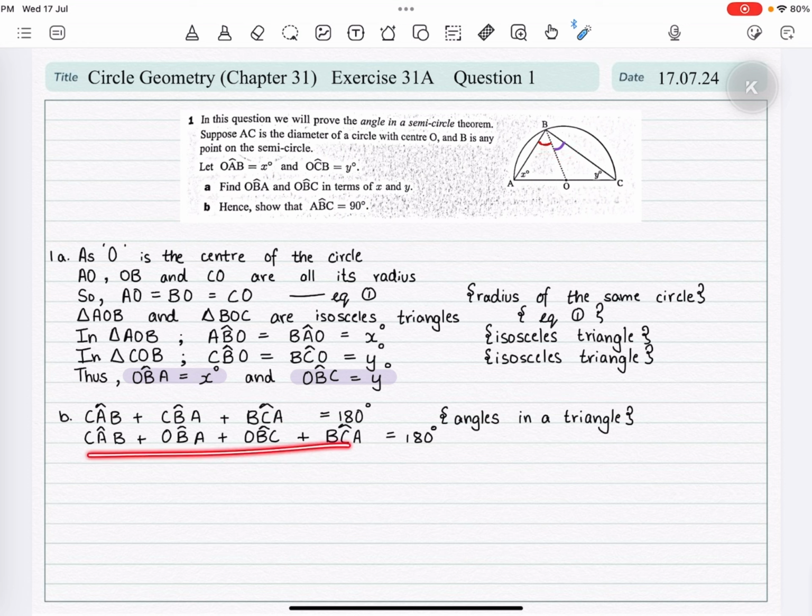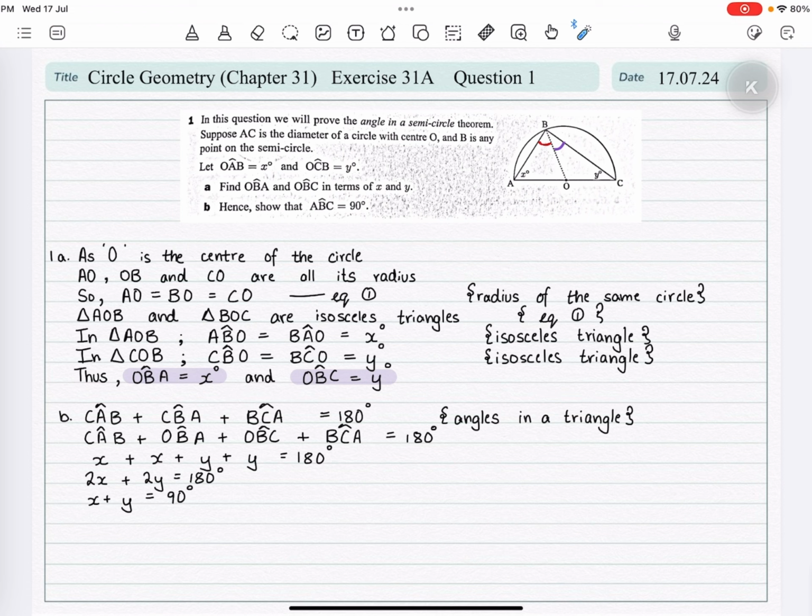If angle CAB is equal to x, angle OBA is equal to x, angle OBC is equal to y, and angle BCA is equal to y, they all add up to 180 degrees. So 2x plus 2y is equal to 180 degrees.